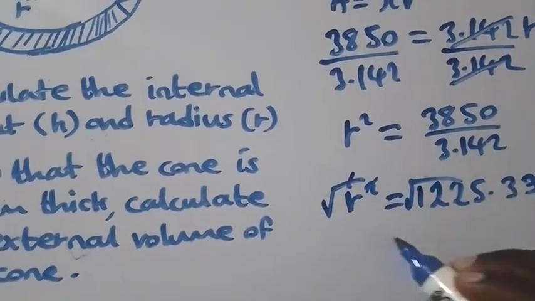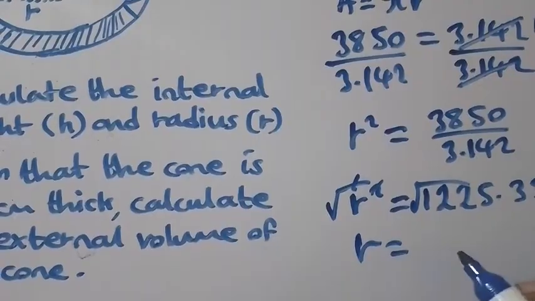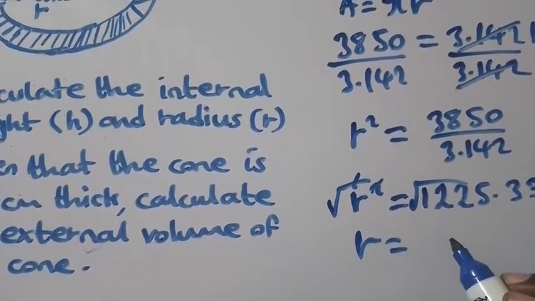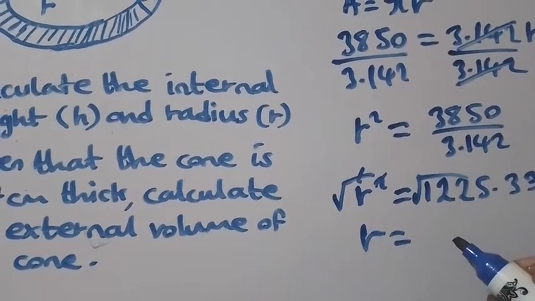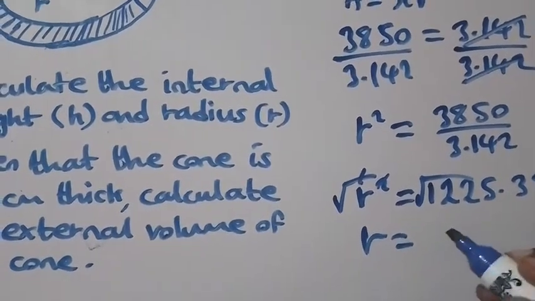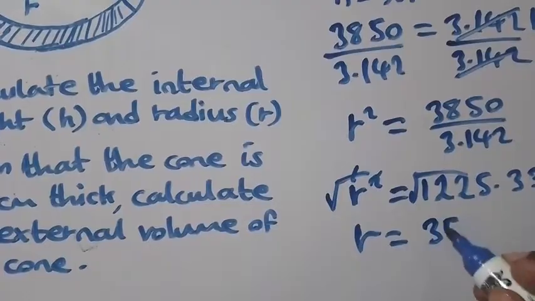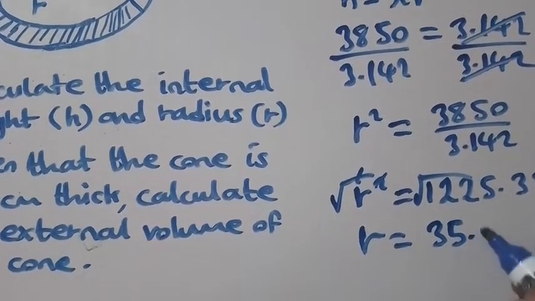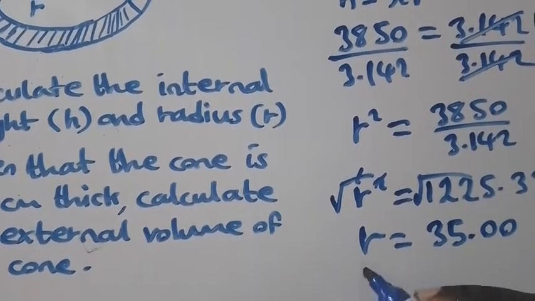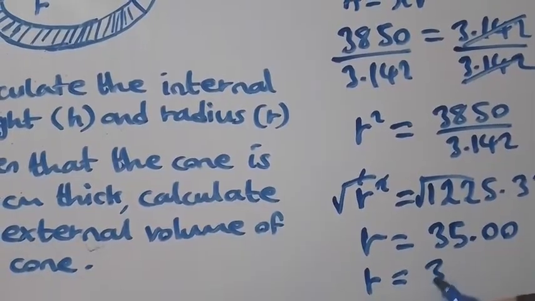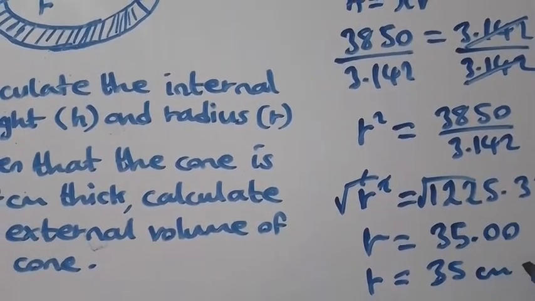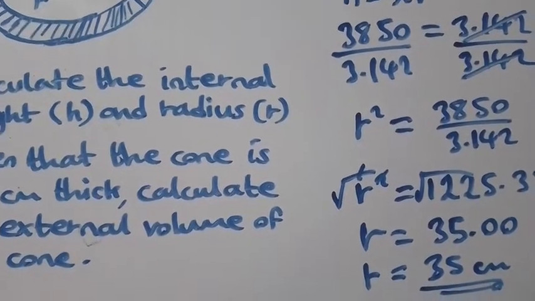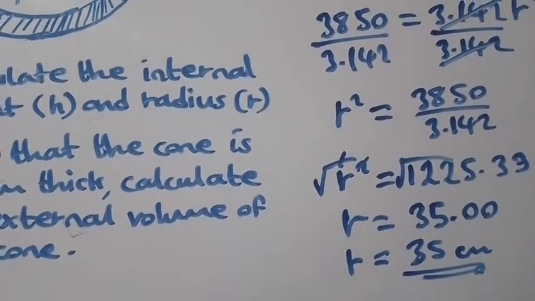So this will cancel. So r equal to square root of 1,225, which is equal to 35.00. So it is just 35. So 35 centimeters is the value of r.